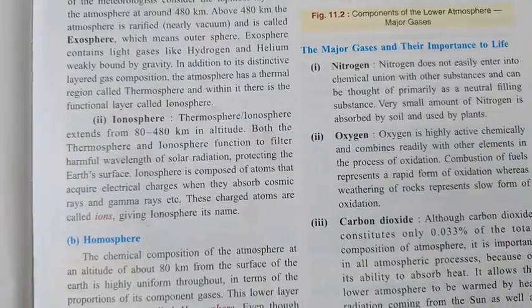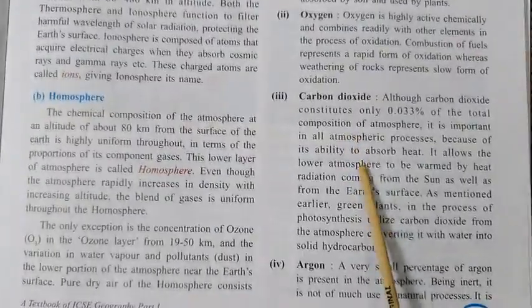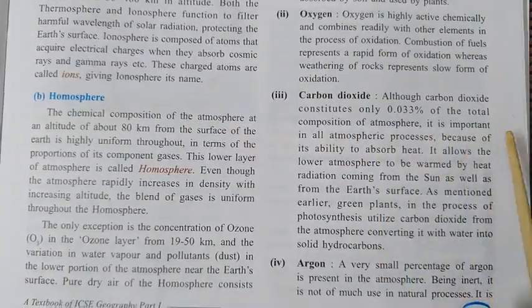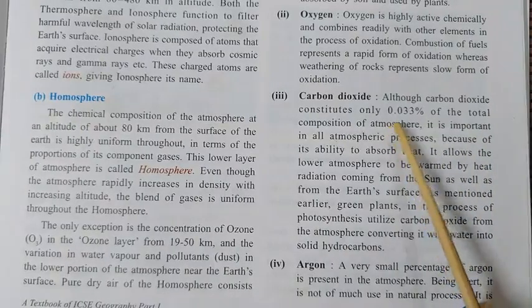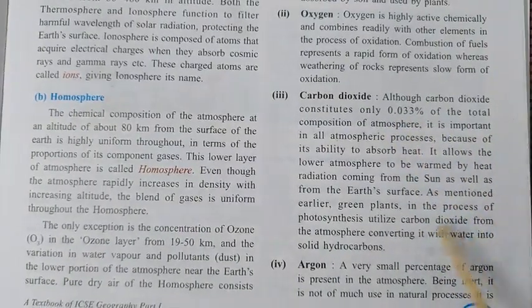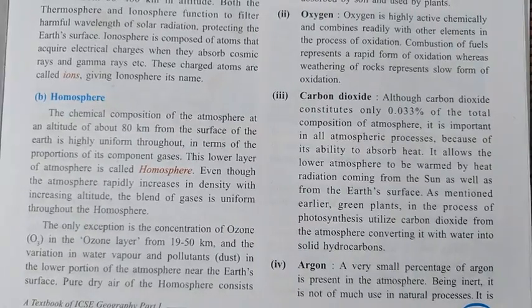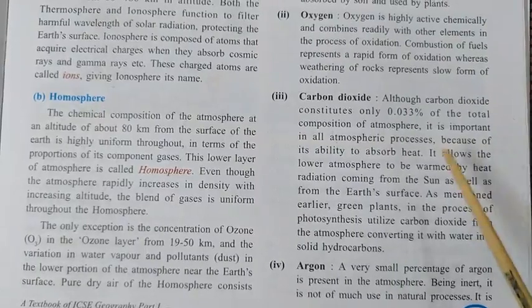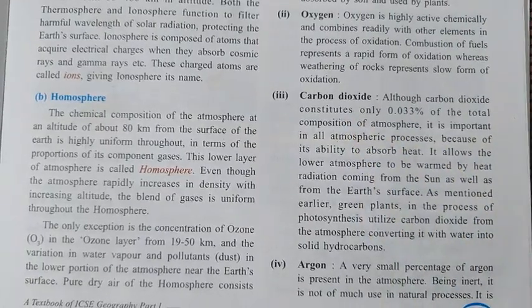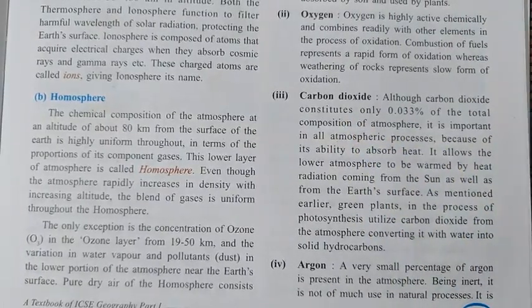Well, next is the carbon dioxide, and as you can see, carbon dioxide constitutes 0.033%. So it's a very small part, but it also plays a very important role in the atmosphere. Why? Because this carbon dioxide is utilized by the plants. What for?